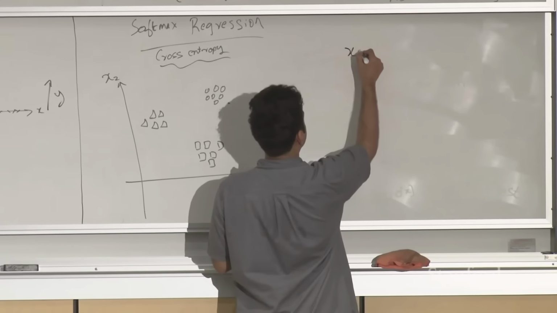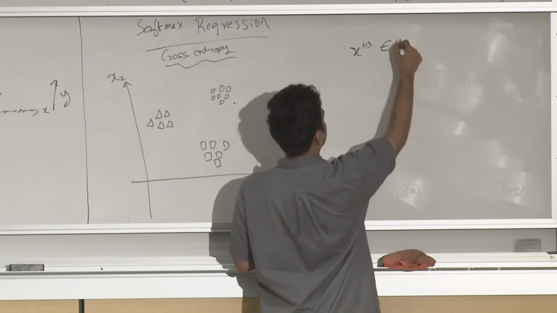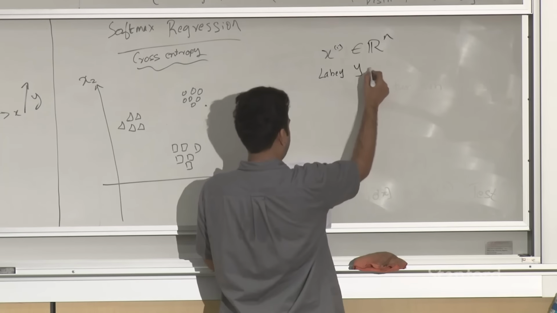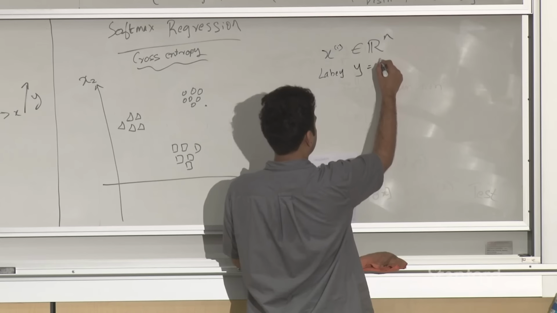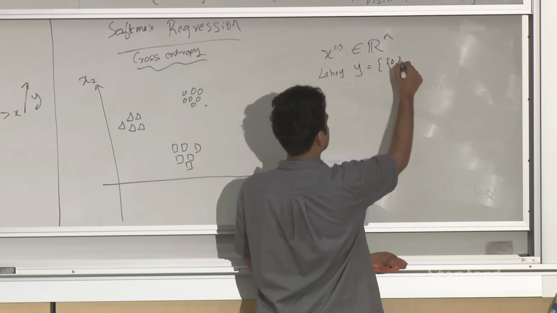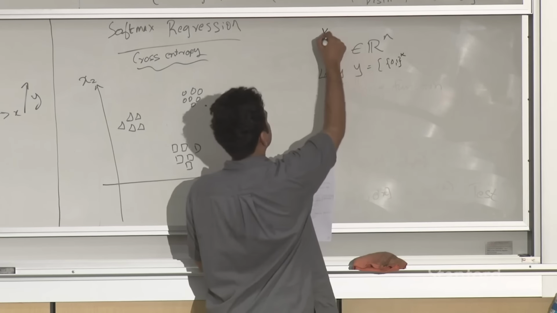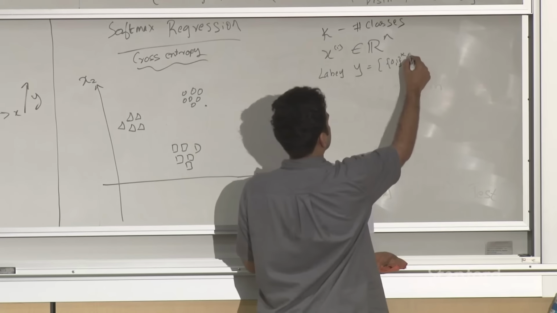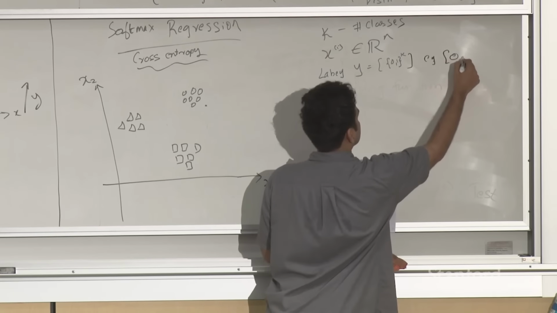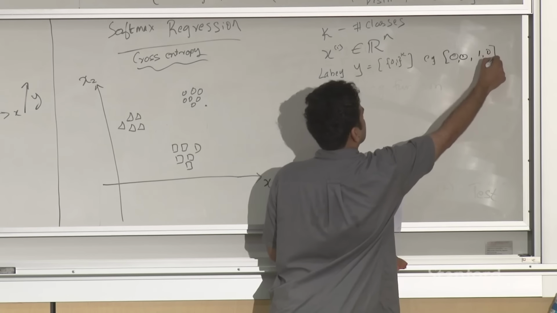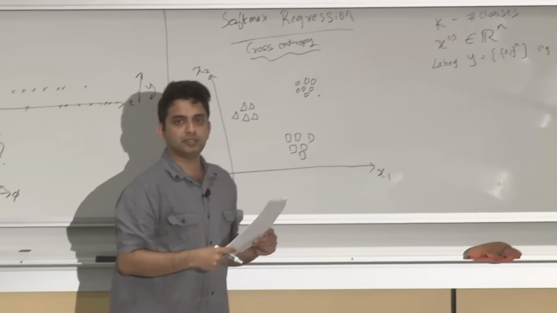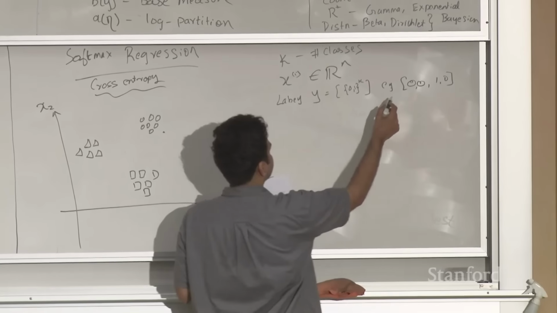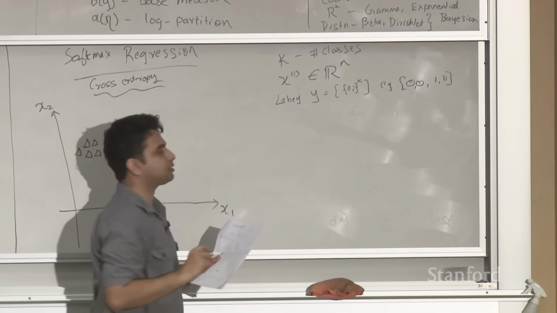So what we have is xi's in Rn, and the label y is in 0, 1, up to k, where k is the number of classes. The label y is a one-hot vector, a vector which indicates which class the x corresponds to.